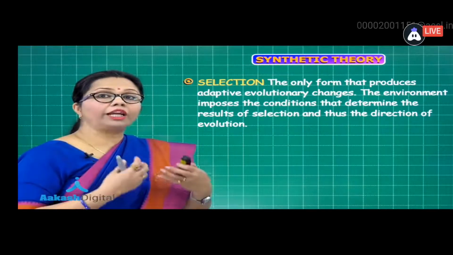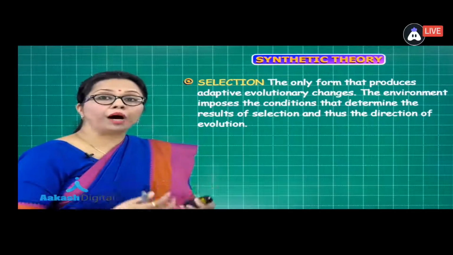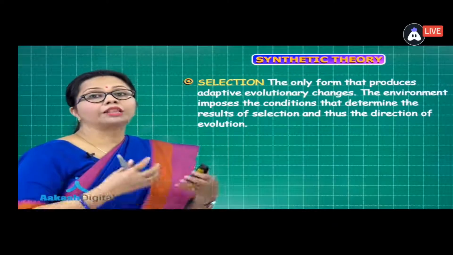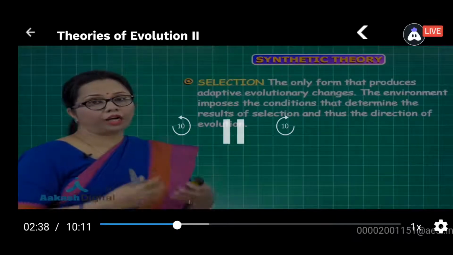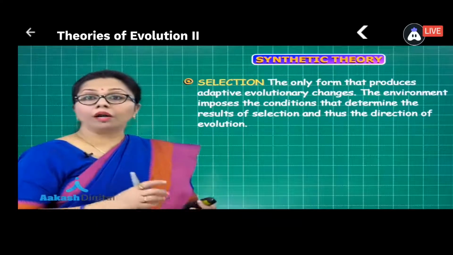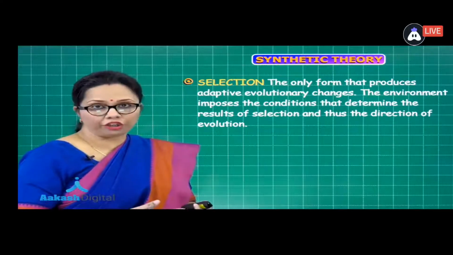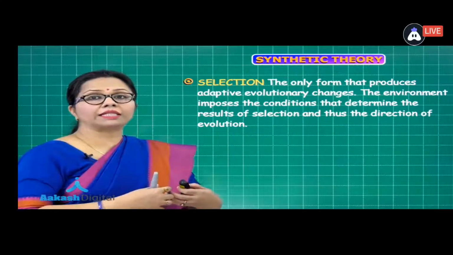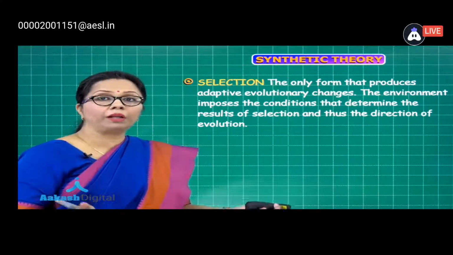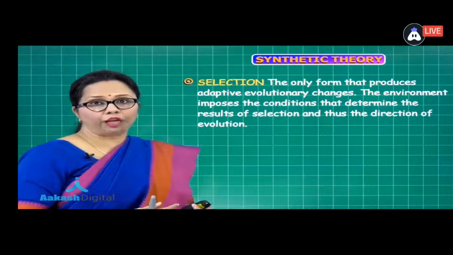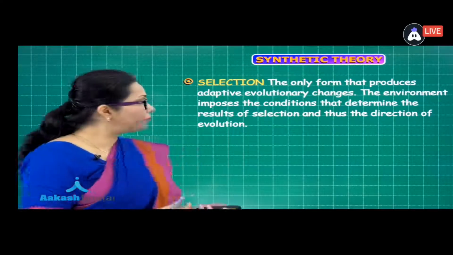Mutation can induce a number of changes, but which of those changes will remain in the population is decided by natural selection. Remember that natural selection does not itself create any variations, but out of the array of variations available, it selects those having the highest adaptive value, that is, highest fitness.